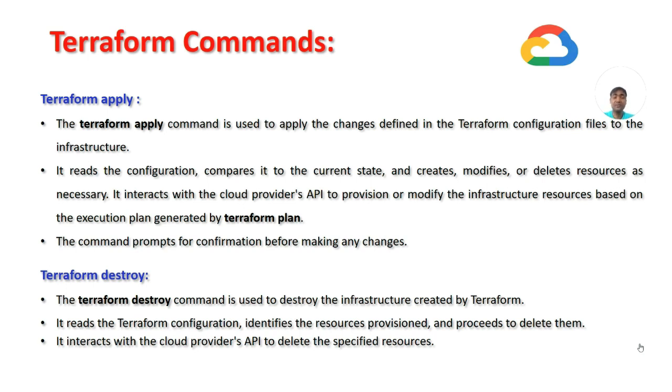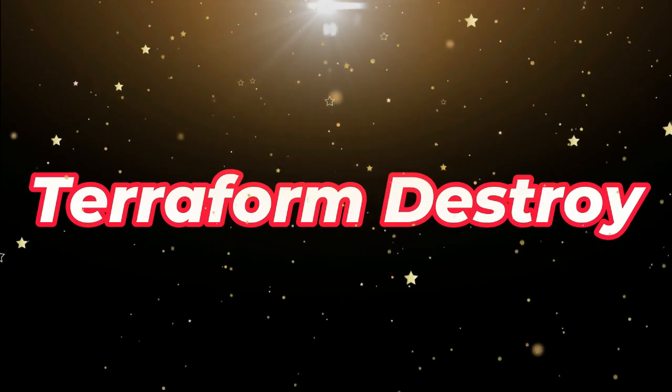It interacts with the cloud provider API to provision and modify the infrastructure resources based on the execution plan generated by the terraform plan command. Guys, I'll show you in the lab. The command prompts for confirmation before making any changes. You can write yes and then press enter. Then it will create your new provision based on your requirement.